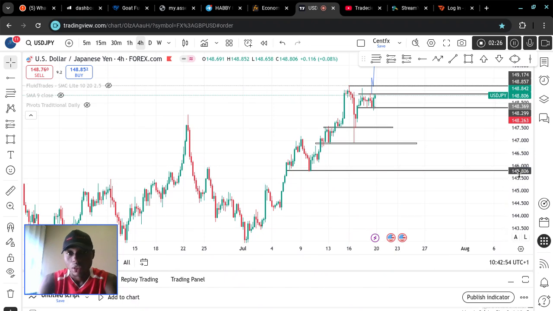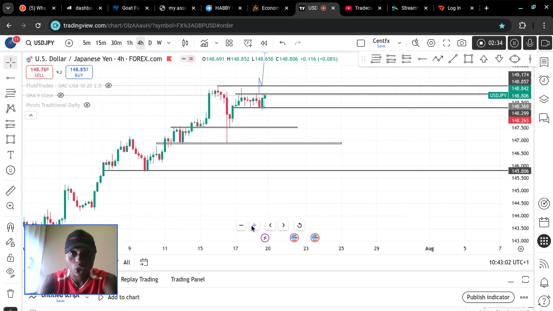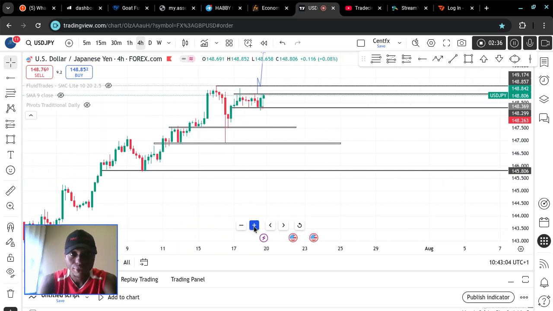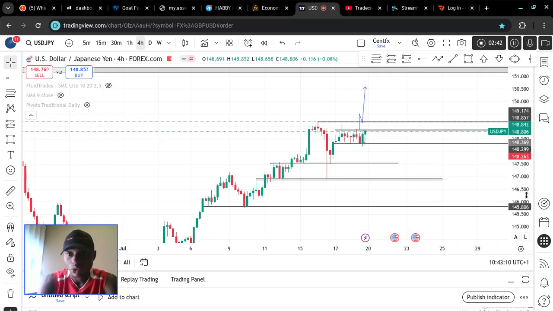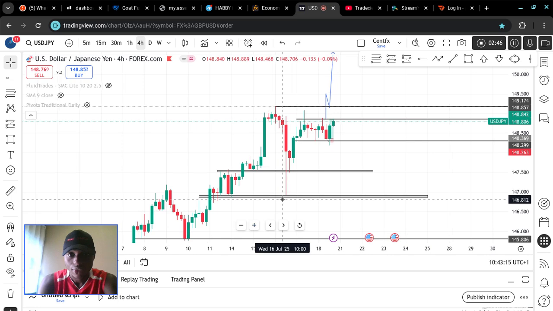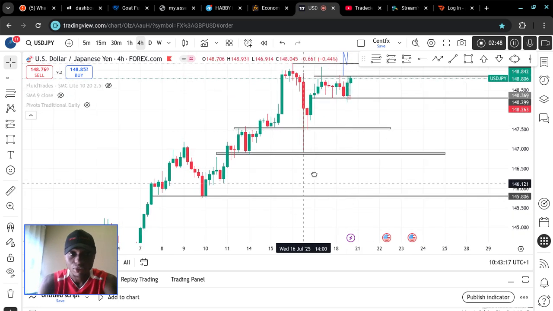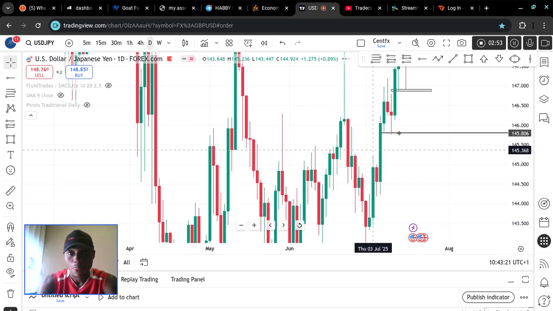So now when you go on 4 hour time frame, let's make the chart bold enough so we can understand what is currently going on in the market. Right? So now this is what is going on in the market.